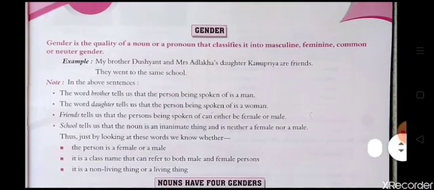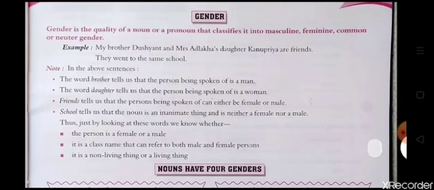Note in the above sentence, the word brother tells us that the person being spoken of is a man. The word daughter tells us that the person being spoken of is a woman. Friends tells us that the persons being spoken of can be either female or male.